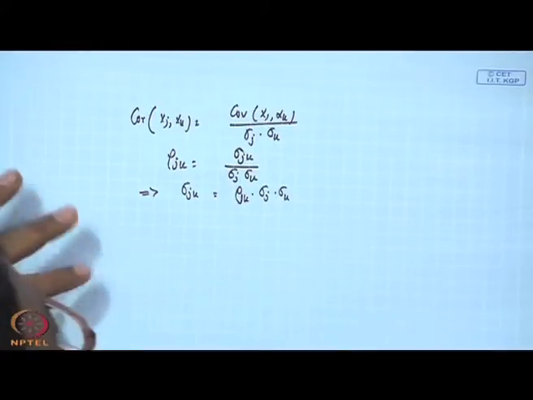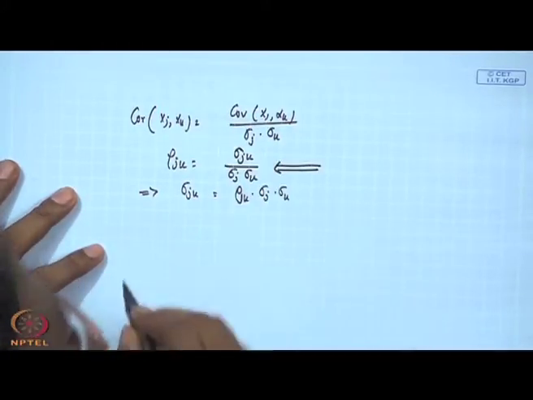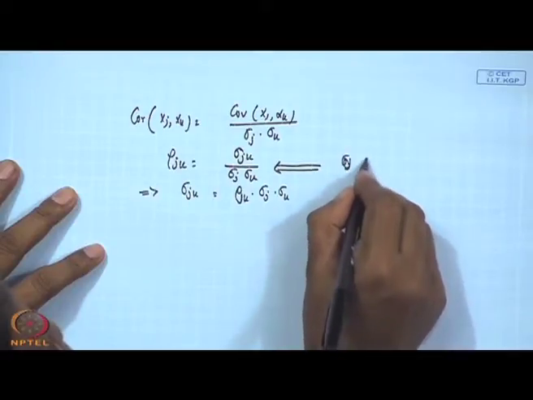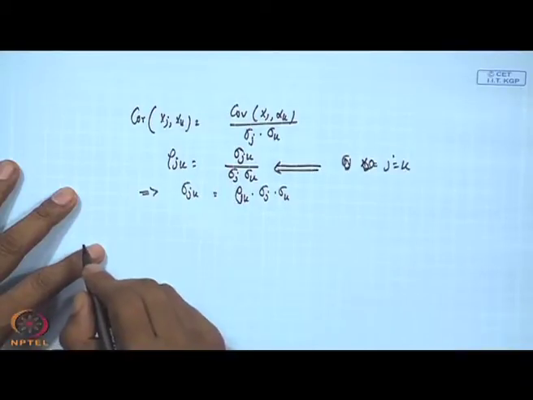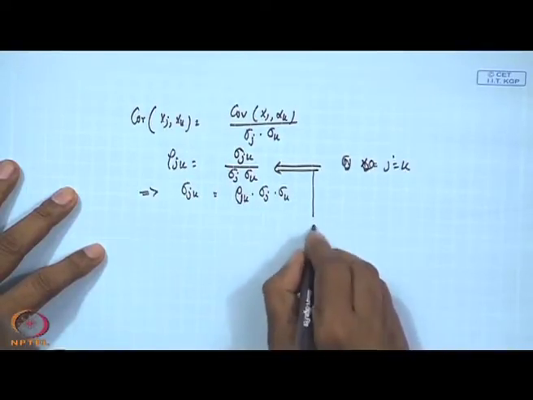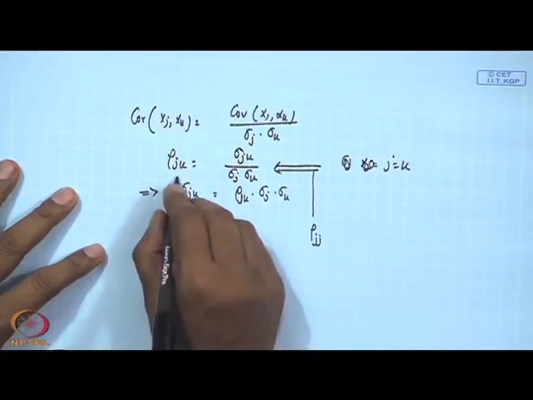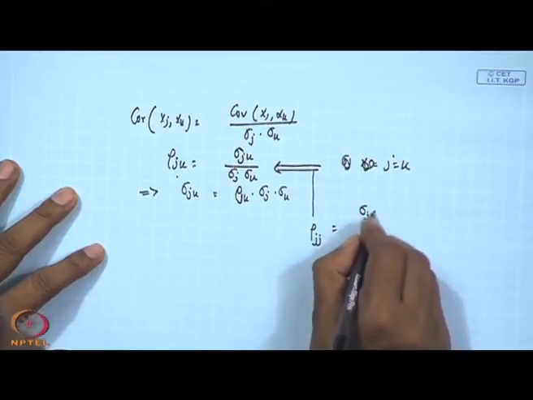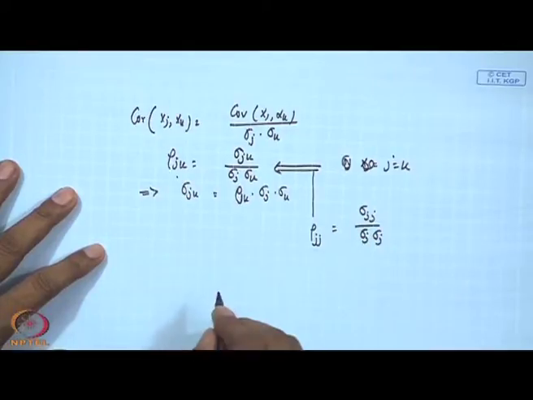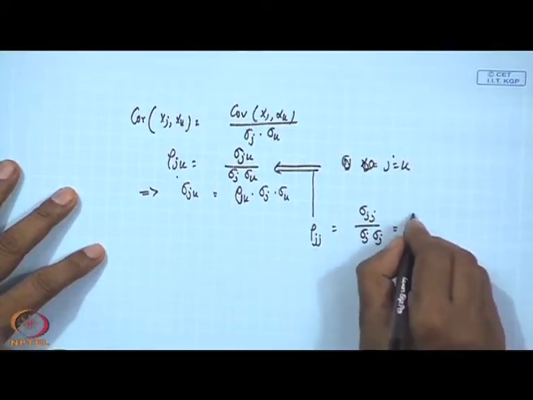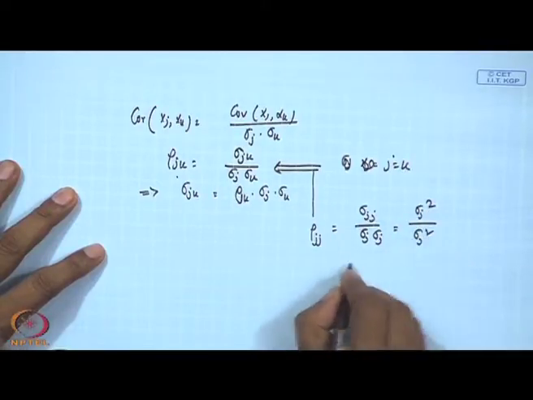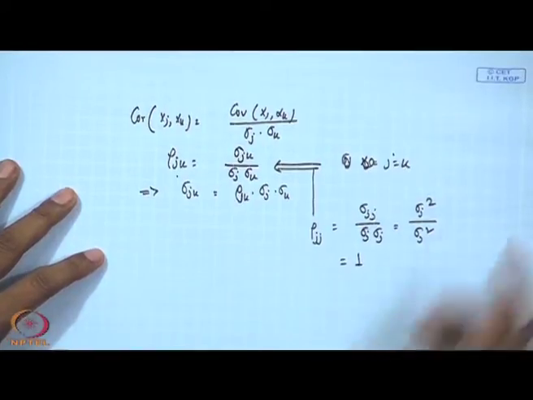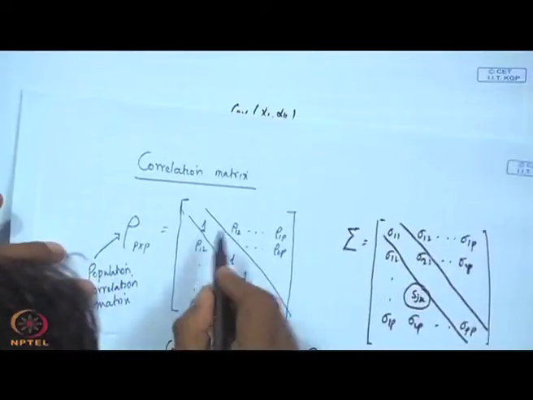Correct. Now, what will happen to this correlation when j equals k? You see what will happen to this? It will be sigma_jj divided by sigma_j sigma_j, and we have discussed earlier that sigma_jj is nothing but sigma_j squared. So, sigma_j squared by sigma_j squared is 1, and as a result you are getting all 1.